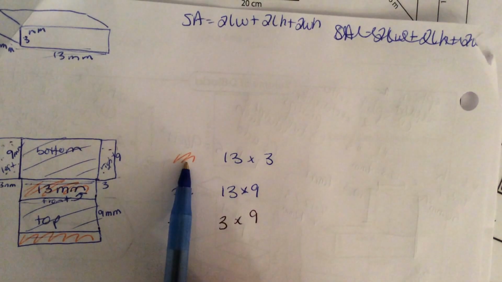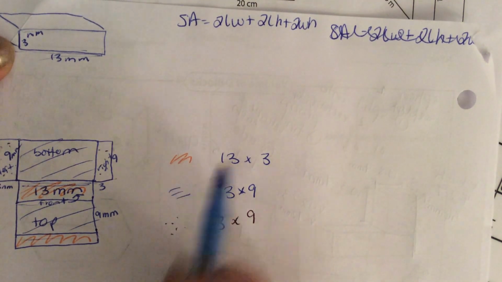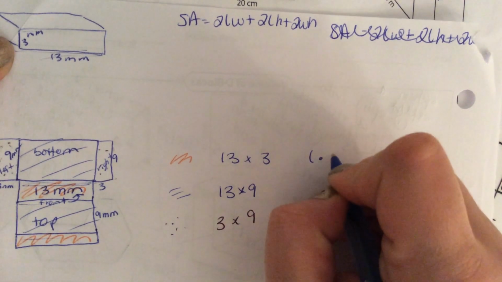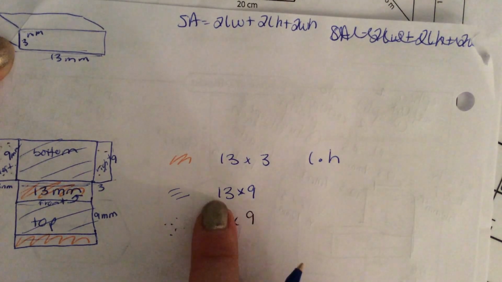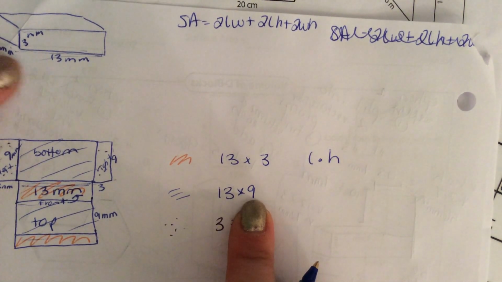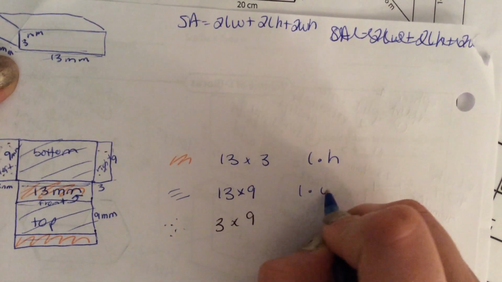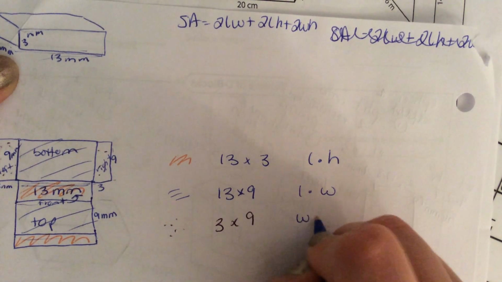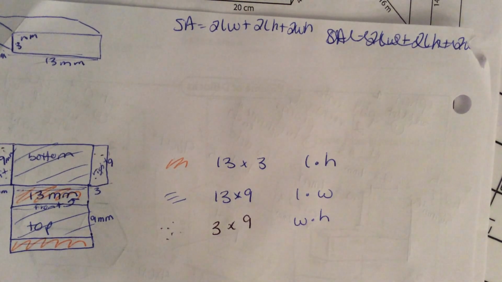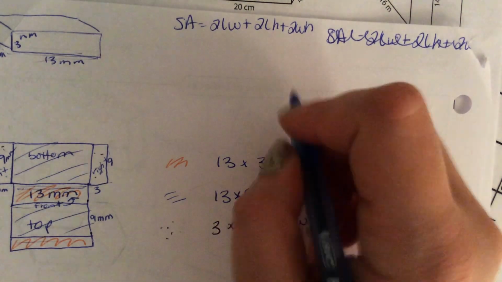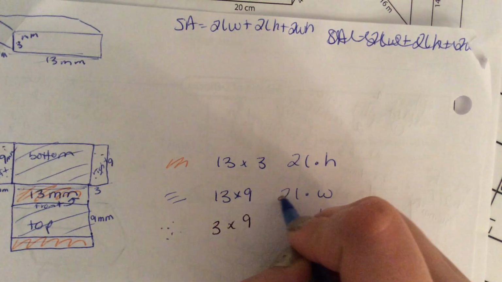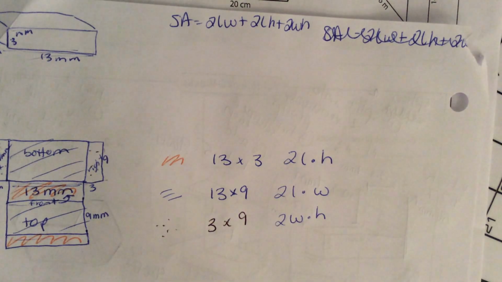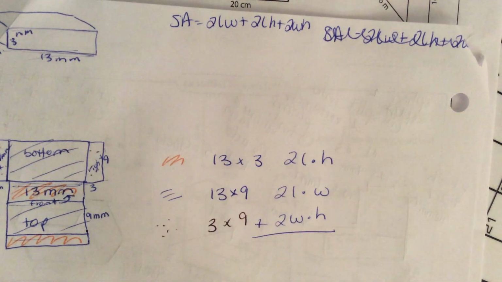So this is 13 by 3, that's your length times your height. 13 by 9 is your length times your width, and 9 by 3 is width times height. But you have 2 of each. We want them all to be added together.